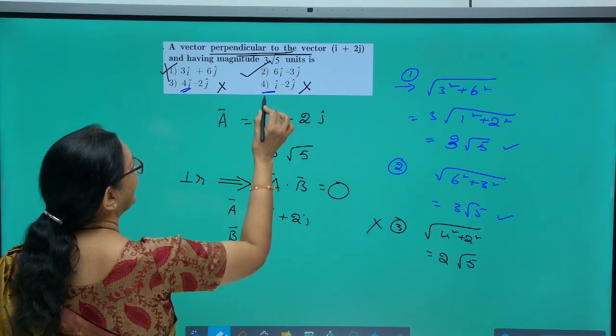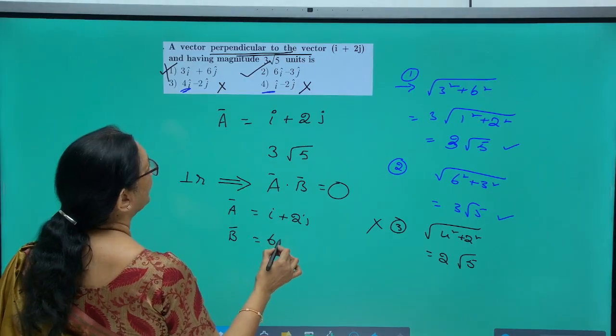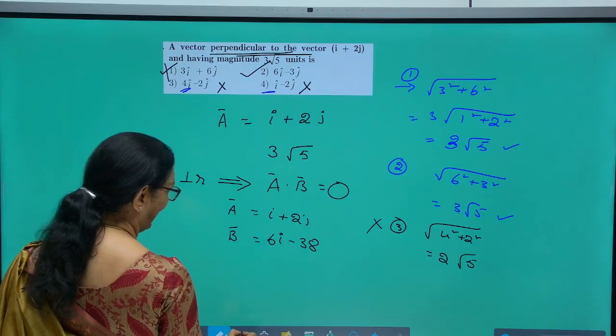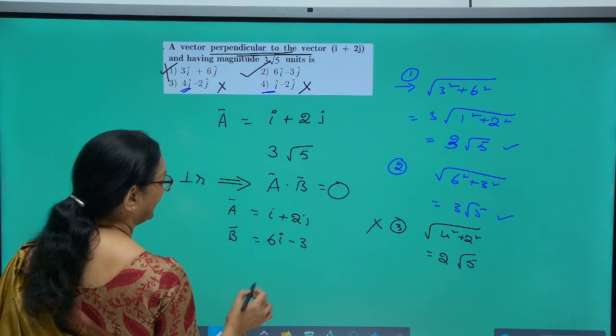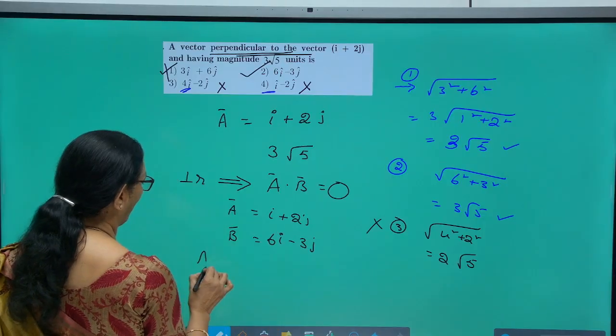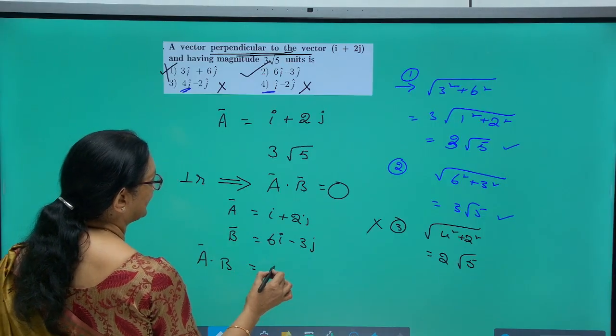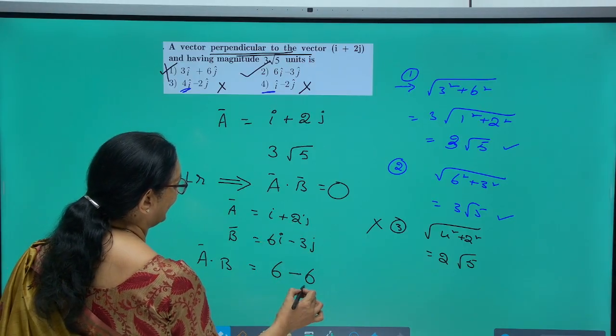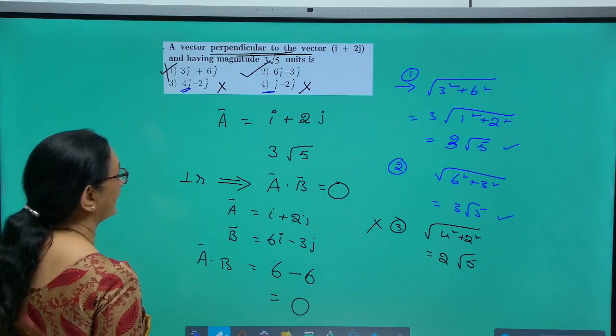Let us take this as B bar, that is equal to 6i minus 3j. If you take the dot product of these two vectors, it is 1 into 6, 2 into minus 3 is minus 6, that is equal to 0.